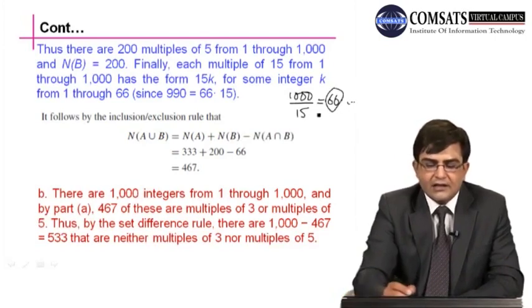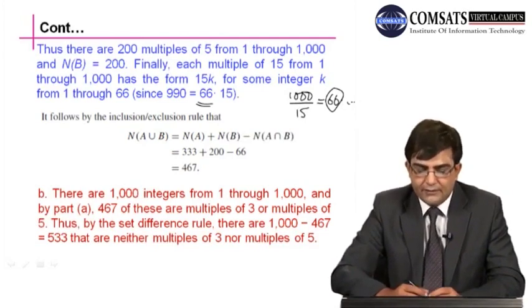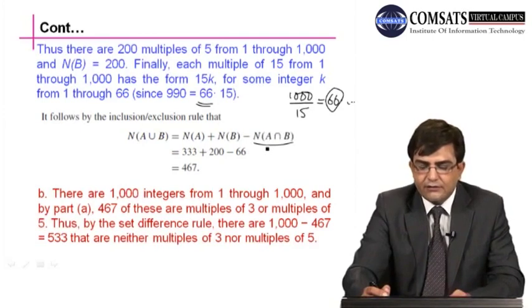So 66 integers are divisible by 15. So the number of elements in A intersection B is 66.